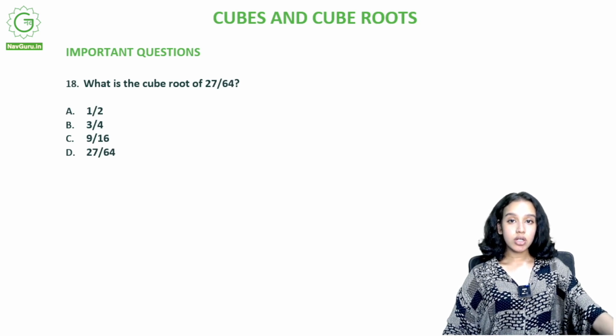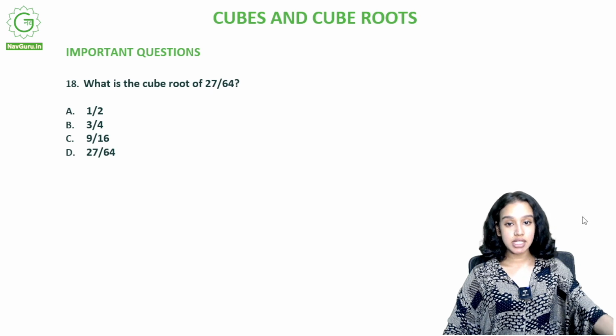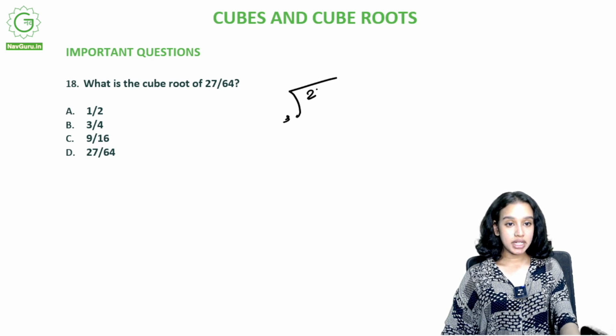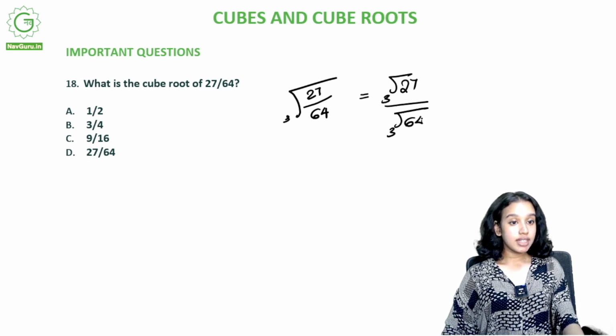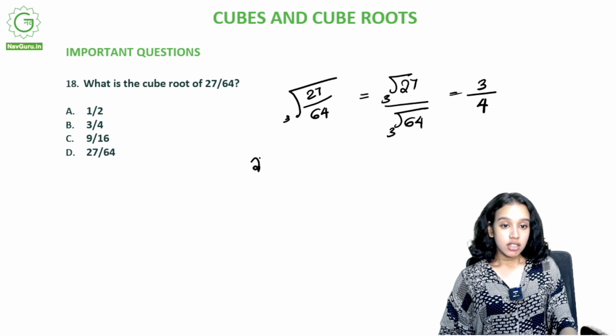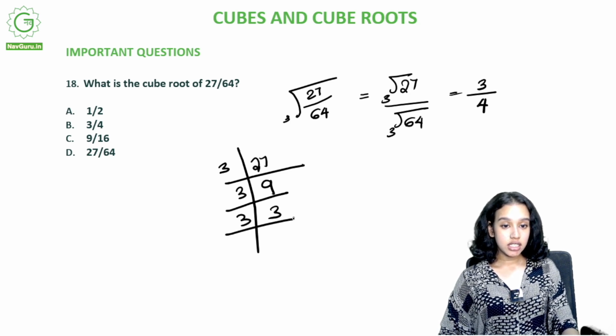Now, moving on to the next question. What is the cube root of 27 by 64? Again, same kind of question. We get cube root of 27 divided by cube root of 64. We know that cube root of 27 is 3 and of 64 is 4, but still we'll do it. 27, prime factorize: 3, 9, 3, 3, 3 and 1.